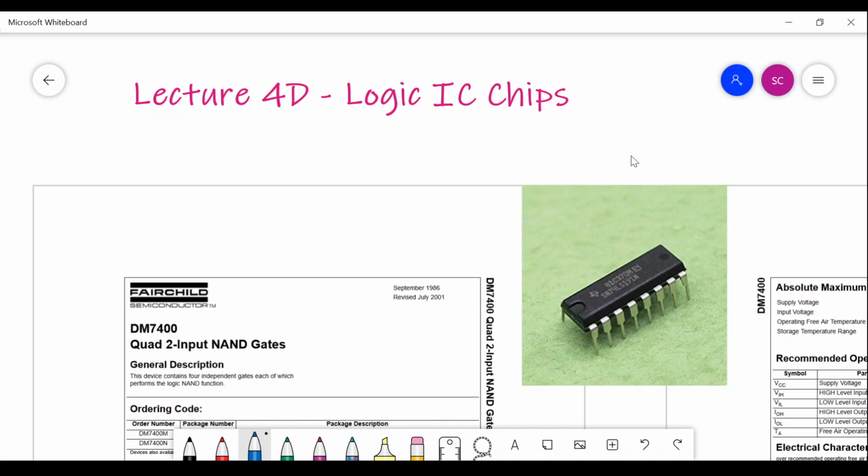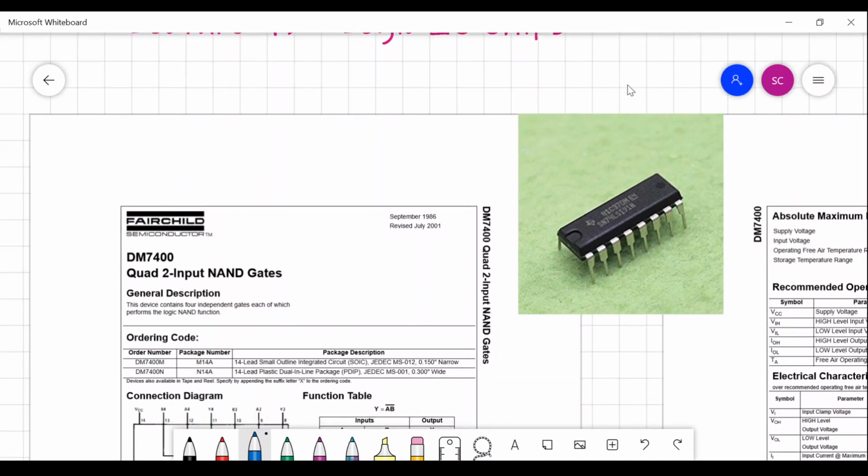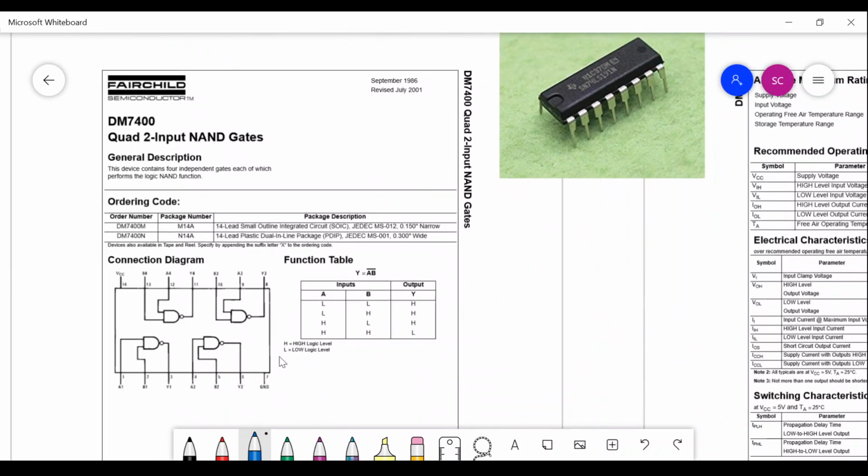Now this is the 7400 chip. Here you see a different number, 74LS191. What we are actually looking at in the data sheet is the 7400 IC chip. The 7400 IC chip is the IC chip for the NAND gate, which means all the gates within it are NAND gates.